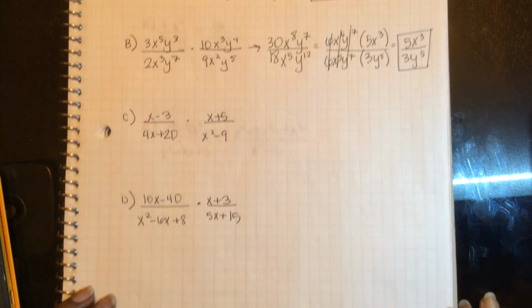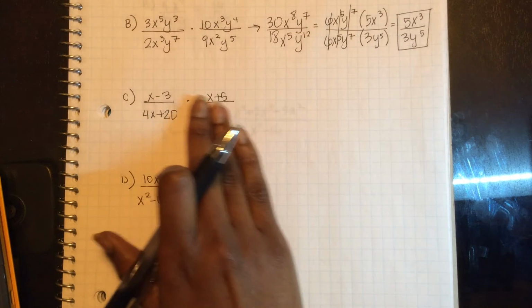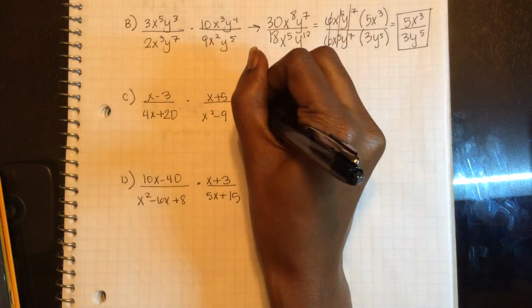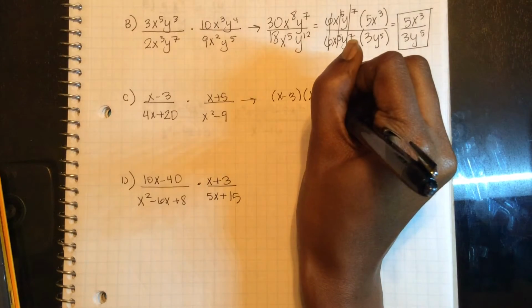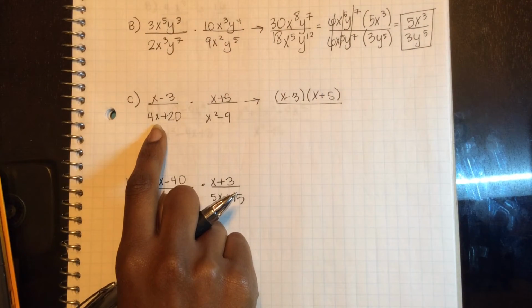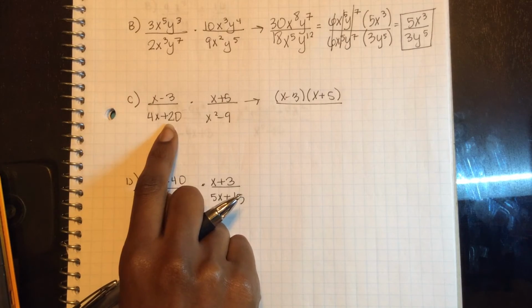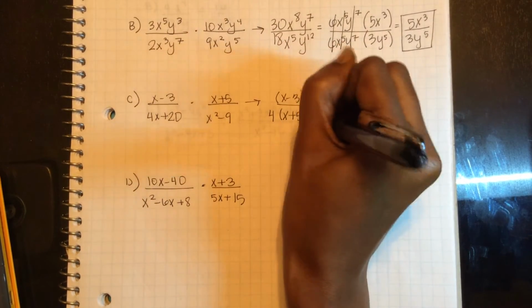All right, we're going to do the same idea here, now with polynomial functions. So we want these in factored form. My numerator is x minus 3 times x plus 5. If I factor this one, 4x plus 20 has a GCF of 4, so it's 4 times x plus 5.